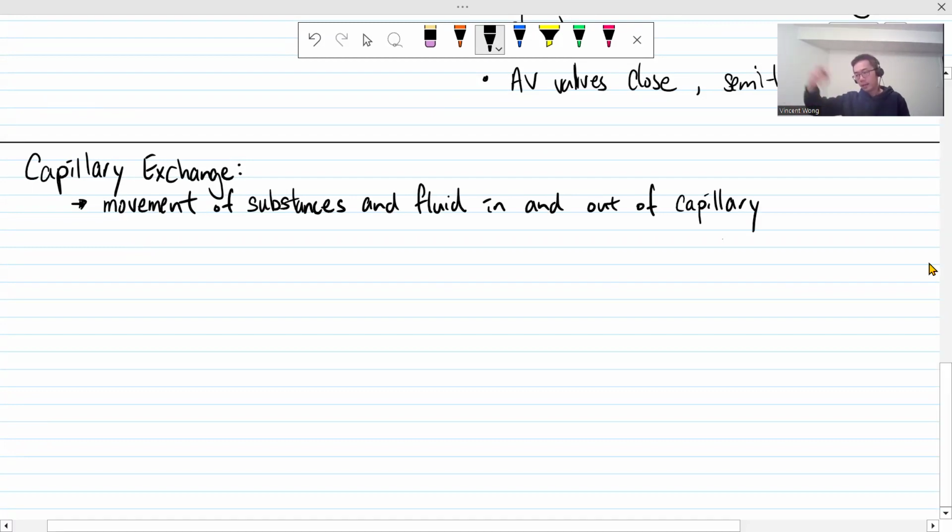Okay, so what goes in and what goes out of the capillary. That's basically what capillary exchange means.